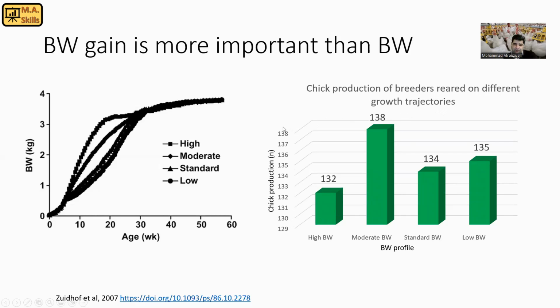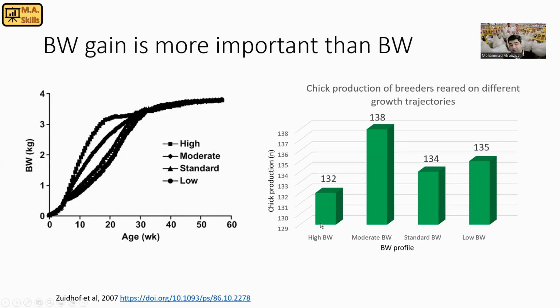Here, the y-axis, the vertical axis, shows chick production, the number of chicks produced per bird over the course of the production cycle. Look here. We had 4 body weight profiles: high body weight, moderate body weight, standard body weight, and low body weight, right? We talked about them here.